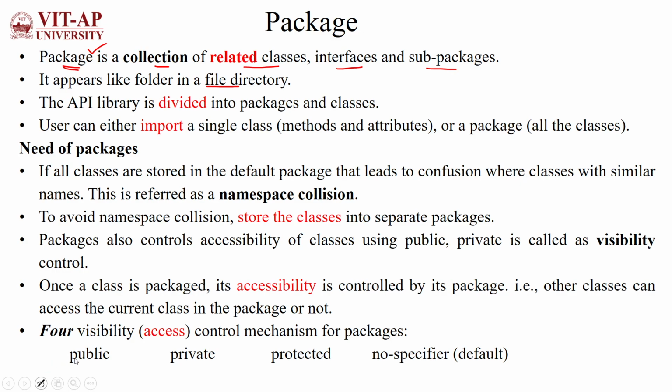So based upon this, here we are going to say the API library, that means application programming interface libraries, are divided into packages and classes, right? The user can import either a single class or a package. A single class will have methods and variables, another name is attributes, and a package can have any number of classes.